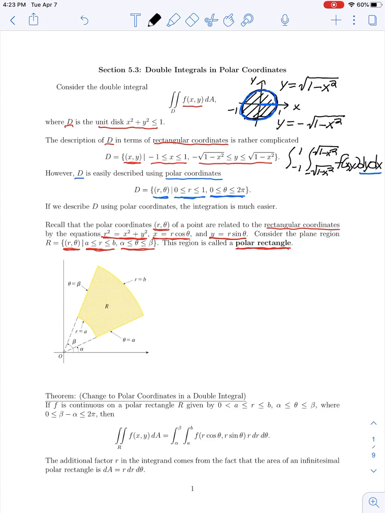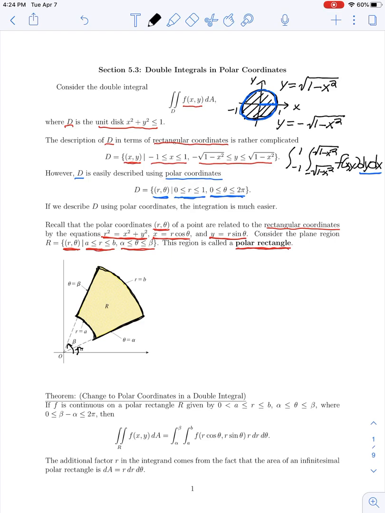Here we have some region R where the radial coordinates for points in this region would lie between r equals a and r equals b, and our angular coordinate theta would lie between the values theta equals alpha, so points along this line formed by rotating alpha units from the positive x-axis in the counterclockwise direction, and we could go up to theta equals beta, which would give us this line segment on the edge of our region formed by rotating from the positive x-axis beta units.